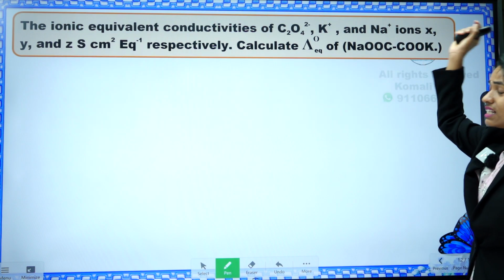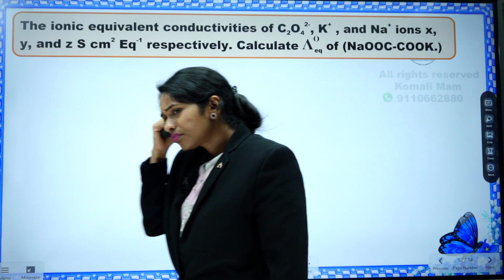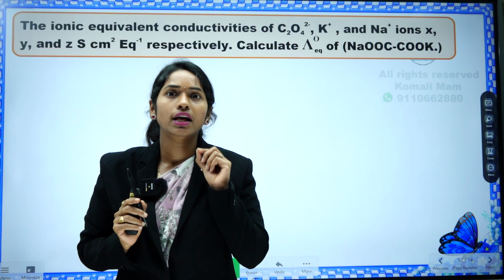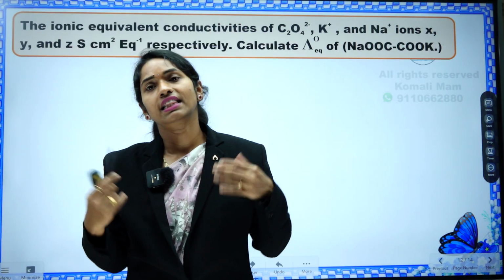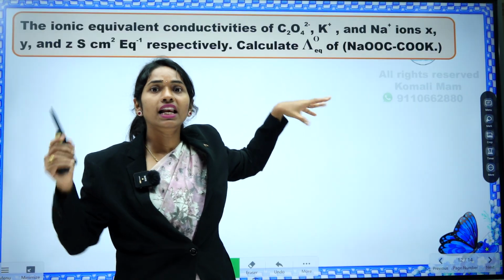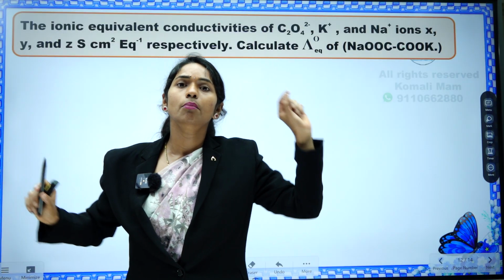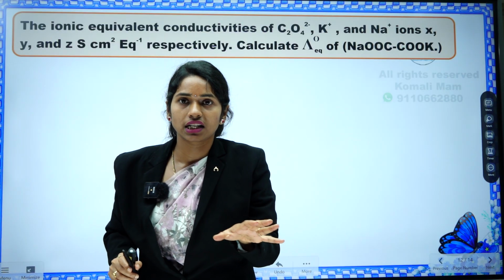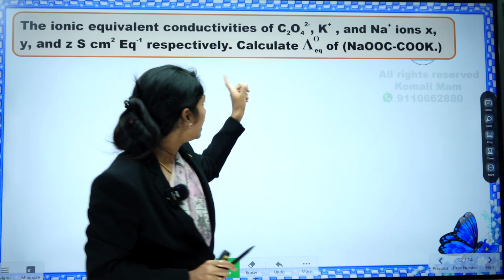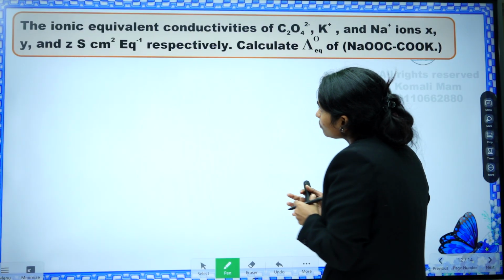Okay, see, this is the most logical model. If you are done with this model, that's it. This is the final model. If you are done with this model, any question based on molar conductivity and equivalent conductivity at infinite dilution, you will do it. Okay, let's see what is the logic here.